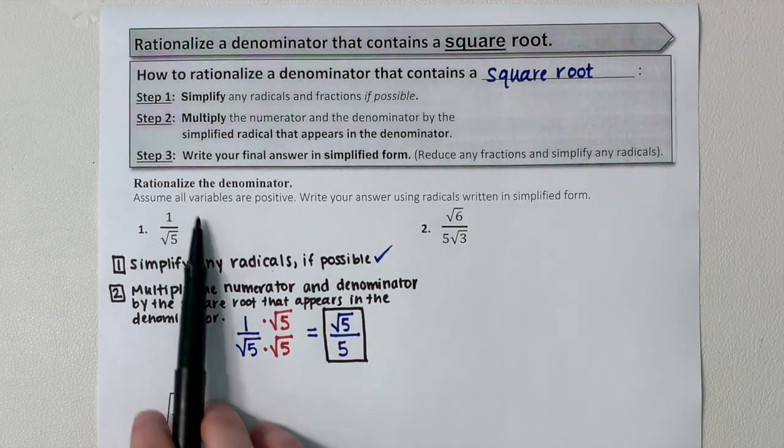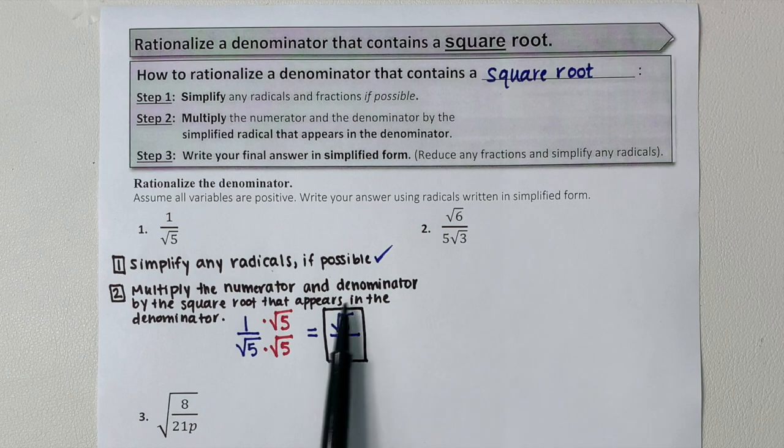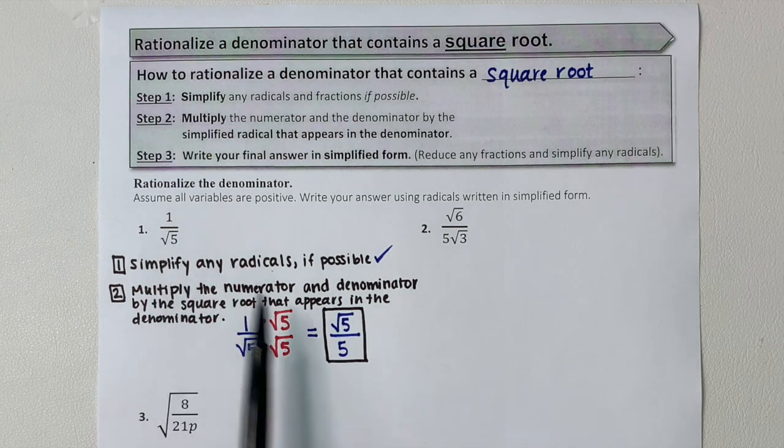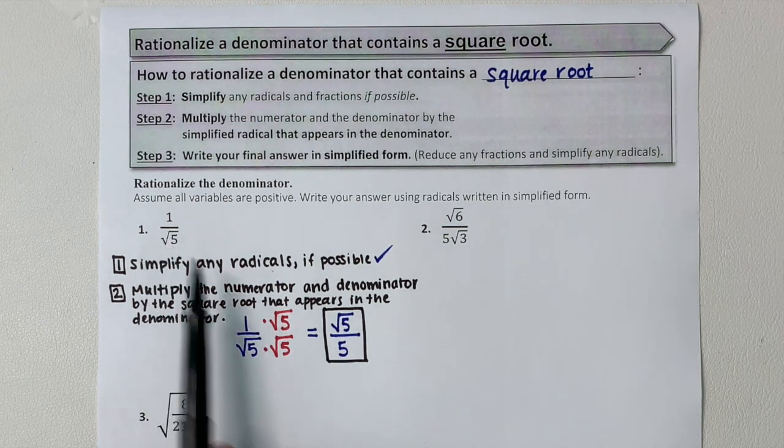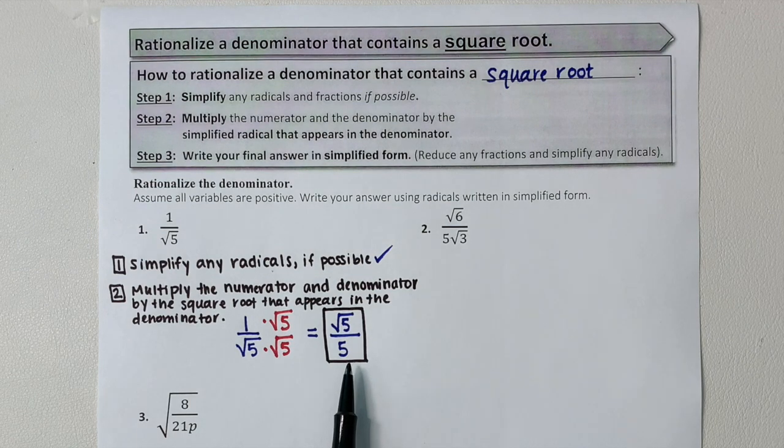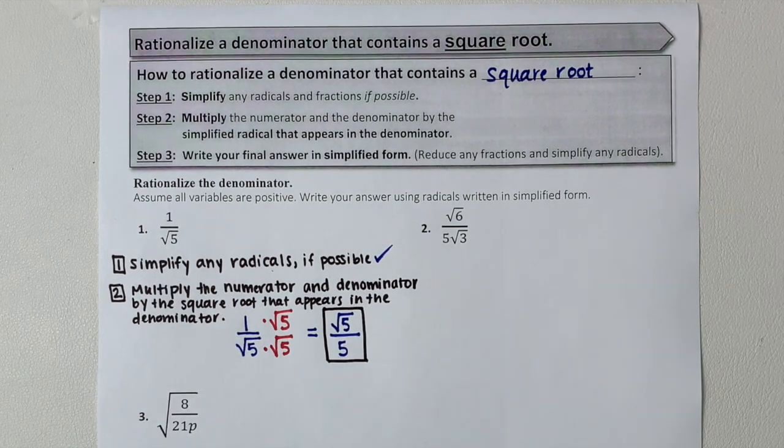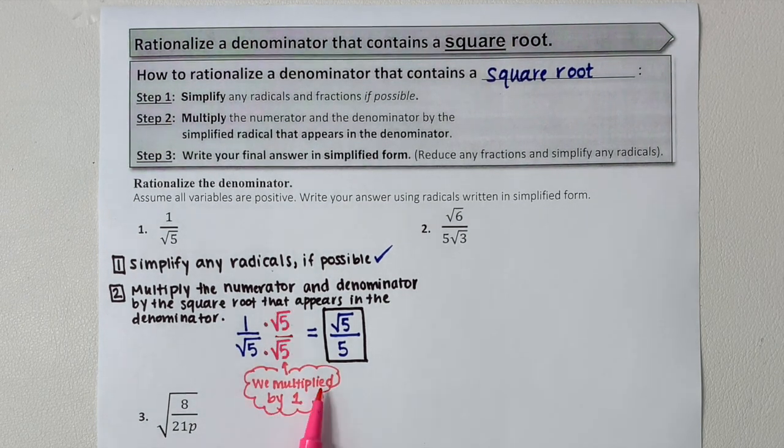If you converted this to a decimal and then converted this to a decimal, you'll find that they equal the exact same decimal because these expressions are equivalent. And the reason these are equivalent is because when we multiplied the top and the bottom by the square root of 5, we really just multiplied by 1. And when you multiply by 1, you don't change the value of your expression.